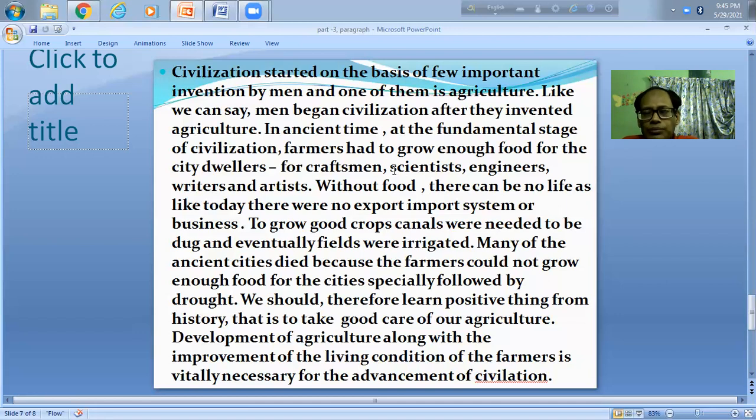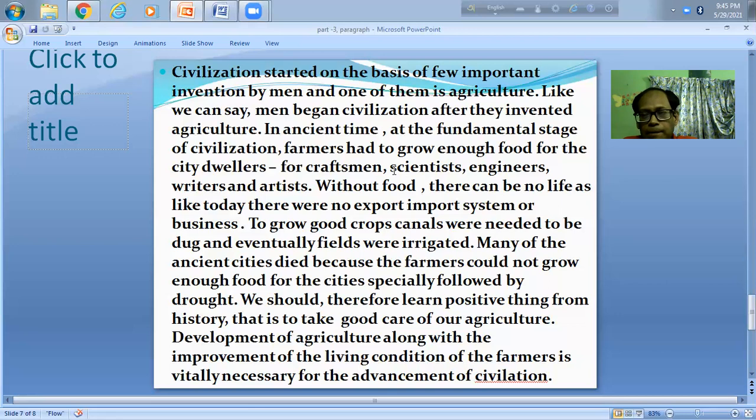Now come to the point of dying. Many of the ancient cities died because the farmers could not grow enough for the city, especially followed by drought. So there was no rain, there was drought.